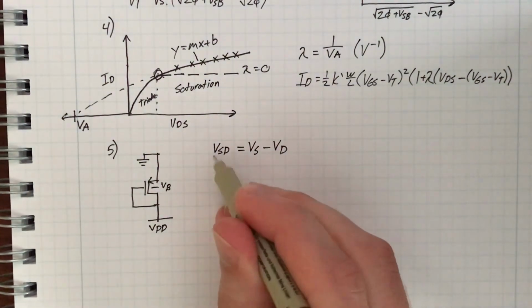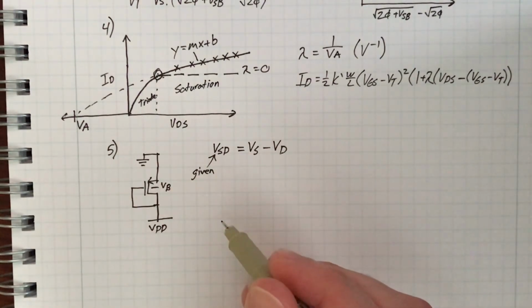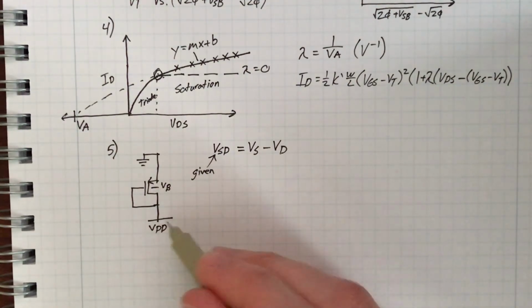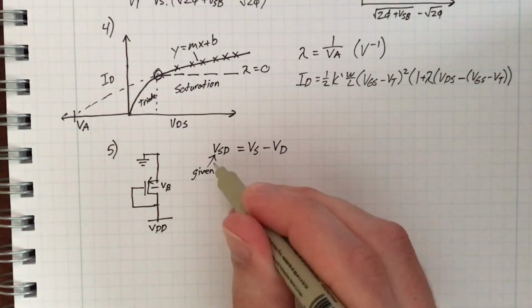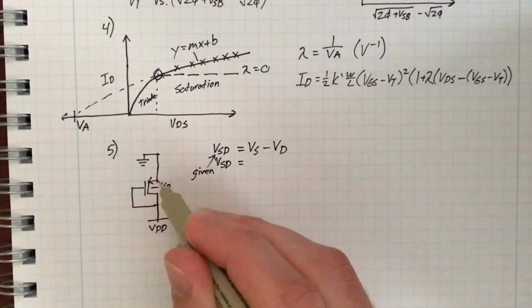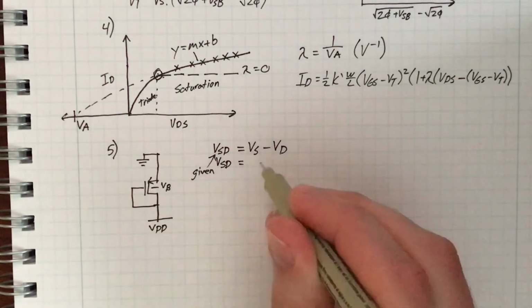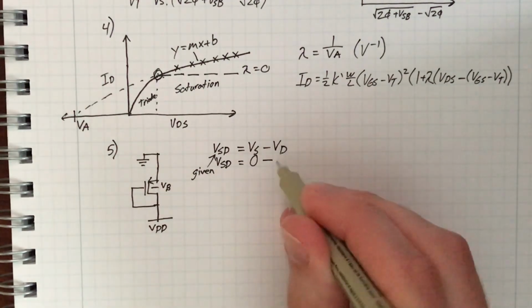So they give you this. They want to know how that can correlate to VDD, which is the drain voltage. So VSD, in this schematic, the source is ground, is 0 volts. And the drain is VDD.